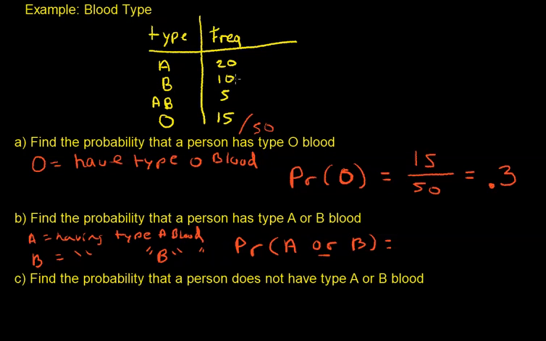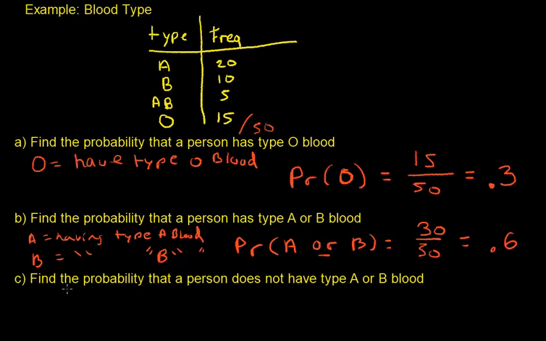We have 20. And how many B's? We have 10. If we add those together, that'll be the total number of possible A's or B's. So that'll be 30 possible A's or B's out of the 50 in the sample. You could leave it like that, or plug it into a calculator. You'll get 0.6. So you'd interpret that as 60% of the population has type A or B blood.